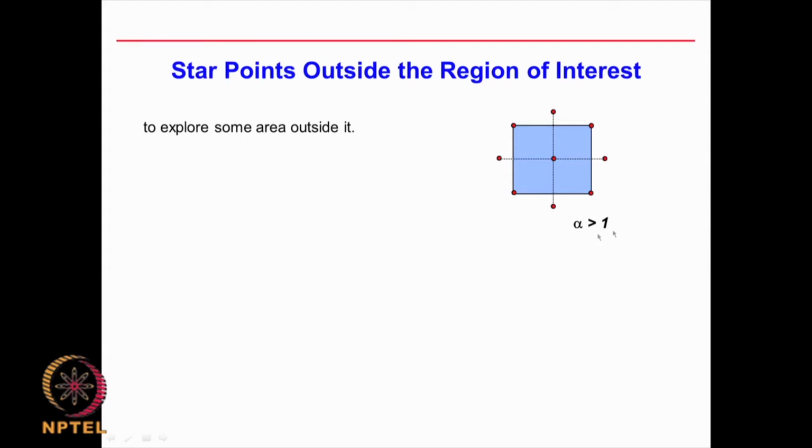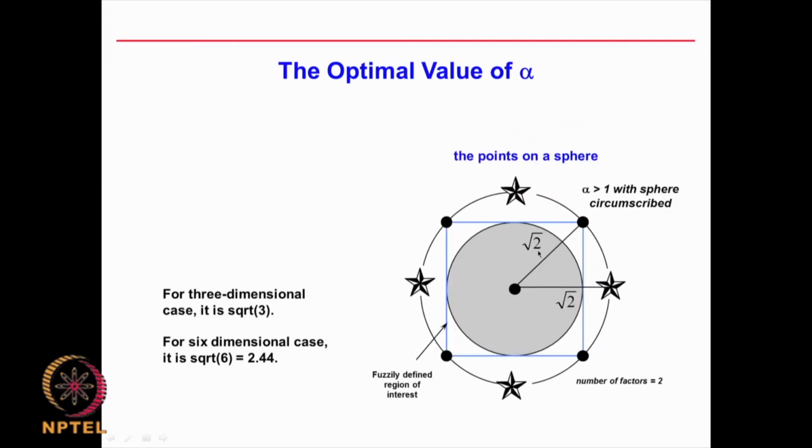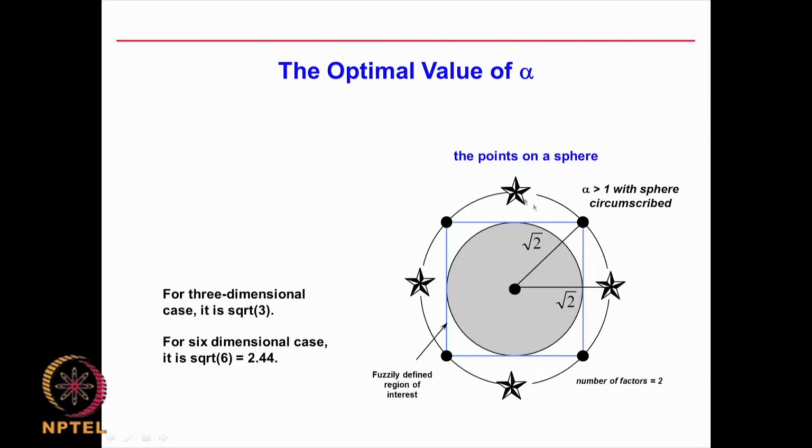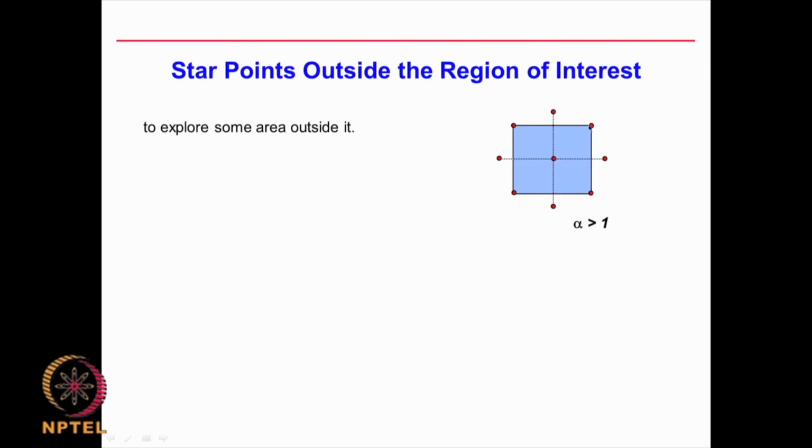Do you understand? Now, the question is, how do I decide on the alpha? It has been found that alpha equal to the square root of the number of parameters is most optimum. That means, if it is a 2 raised to the power 2, then alpha should be 1.414. So, if your square has a side of 1, then alpha should be 1.414. That will be a point.